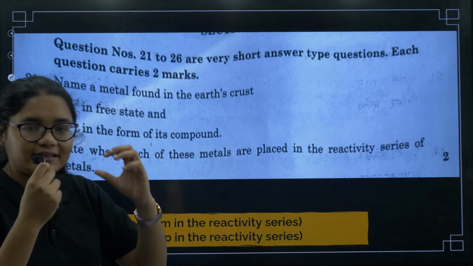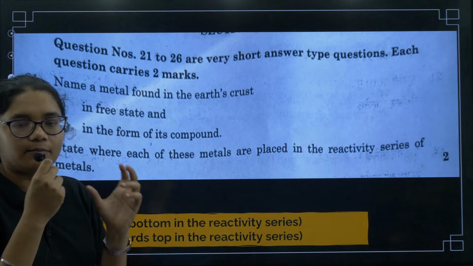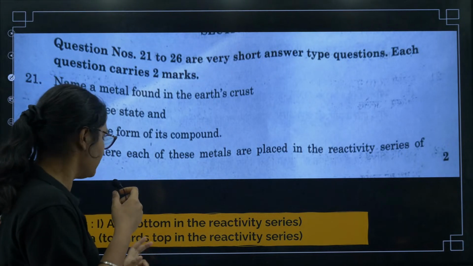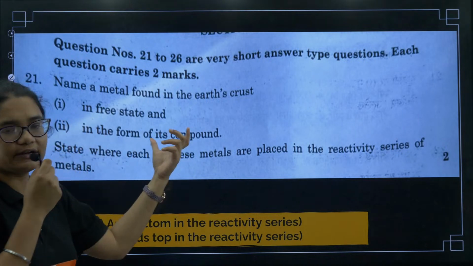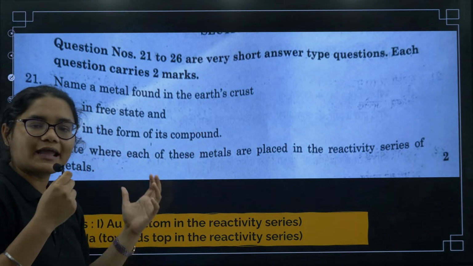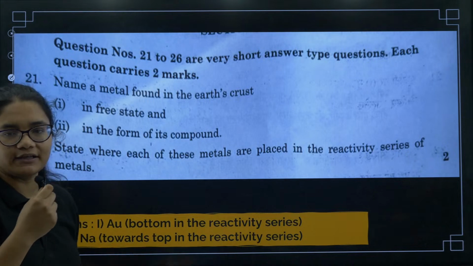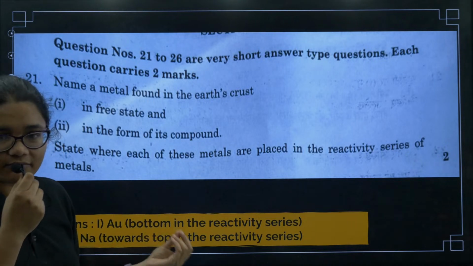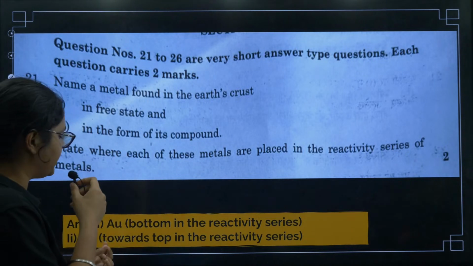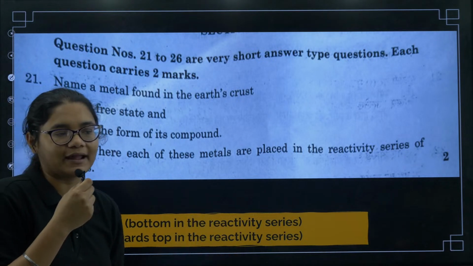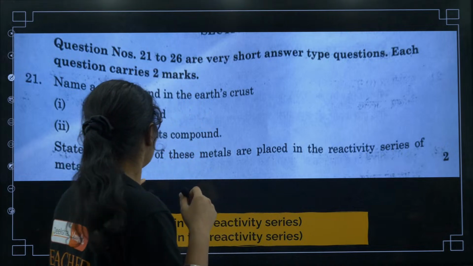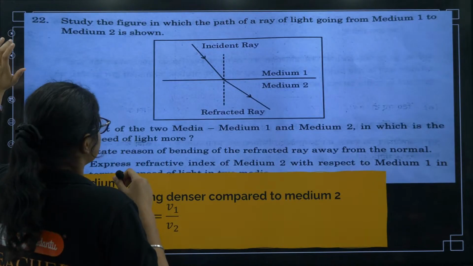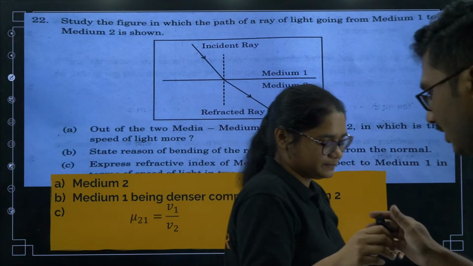Because they are least reactive, they will be placed at the bottom of the reactivity series. And you have to tell one metal which is found in its compound form. That can be any of sodium, magnesium, potassium, any highly reactive metal you can choose, and where they are placed, at the top of the reactivity series. This was a very easy question, all of you should be able to answer. Next we have a physics question here.